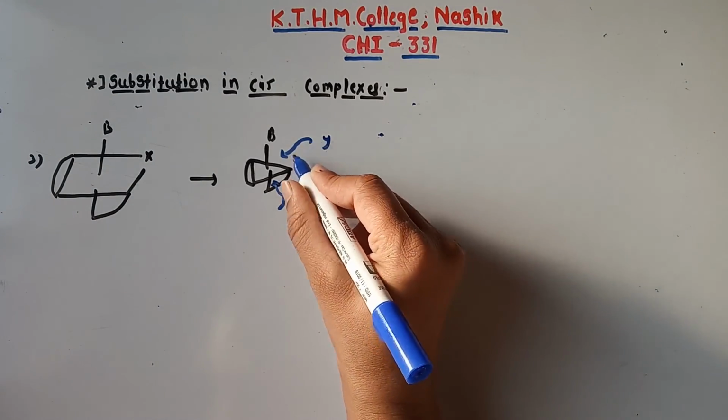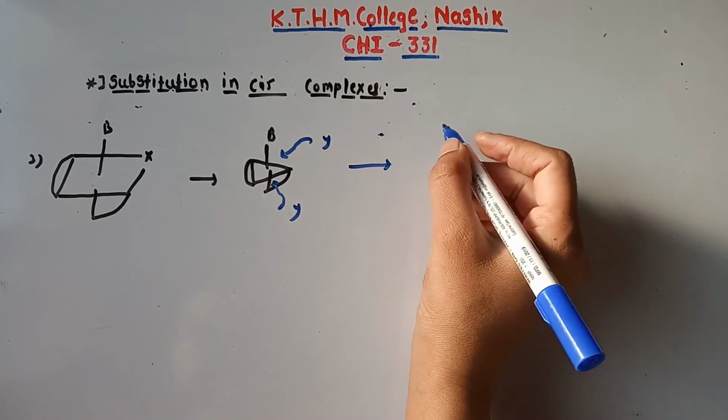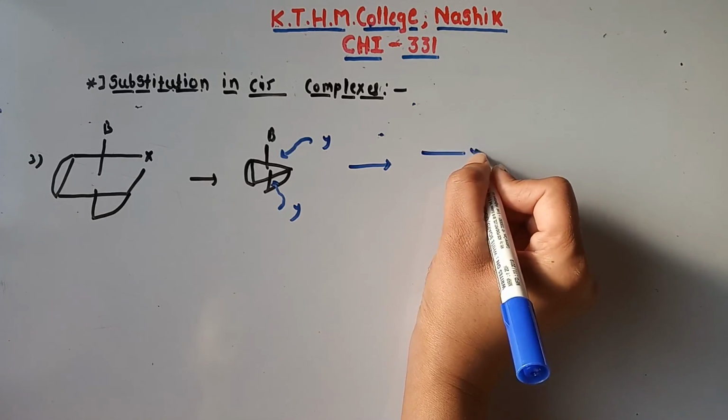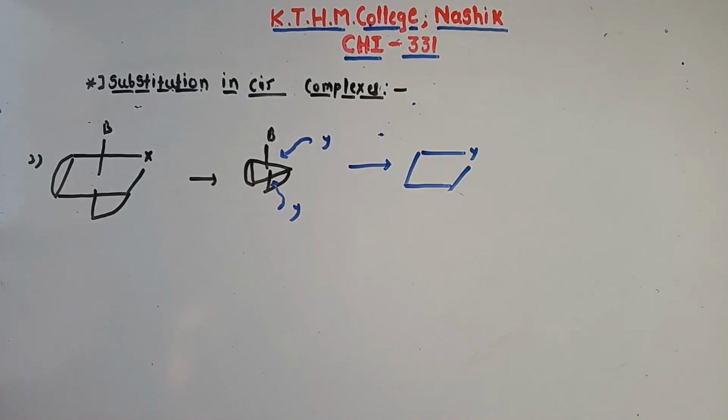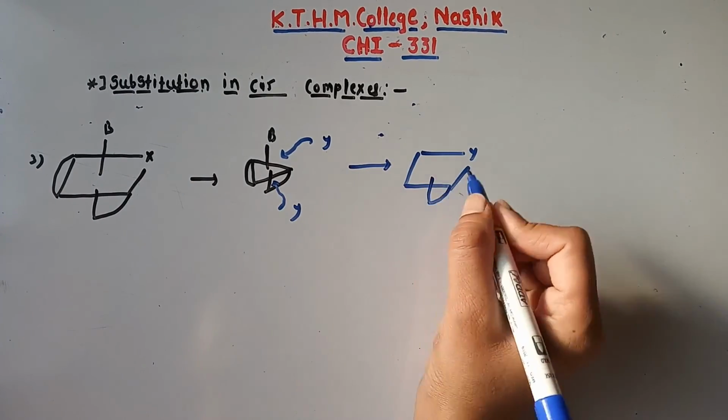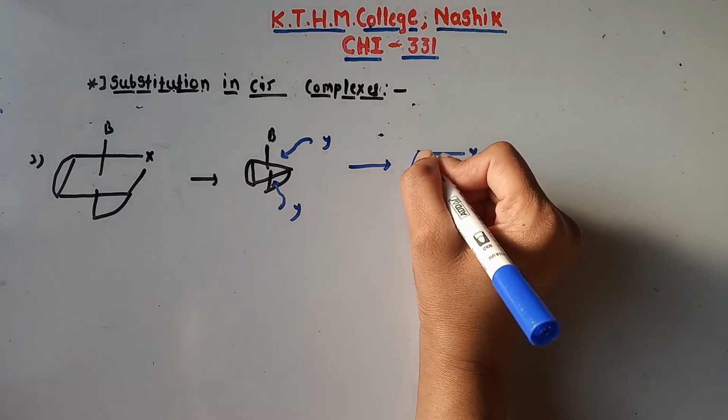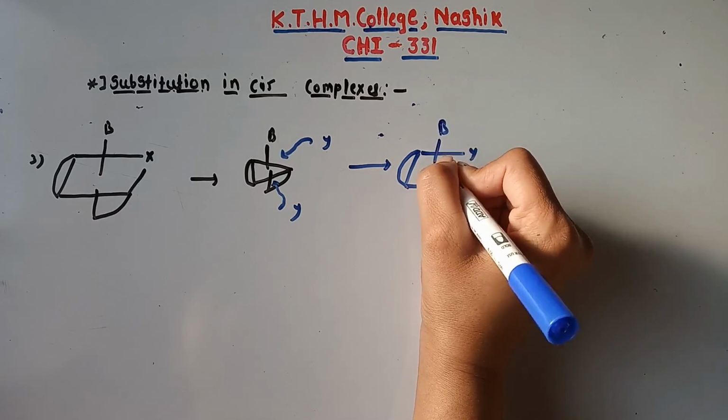So when Y attacks from this side, we get directly cis product.